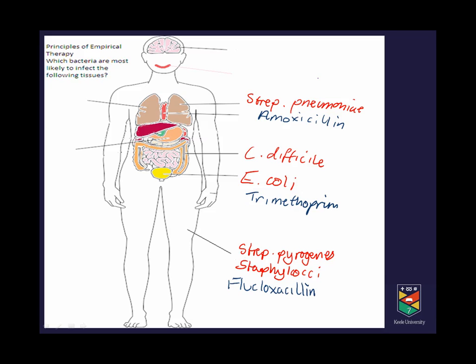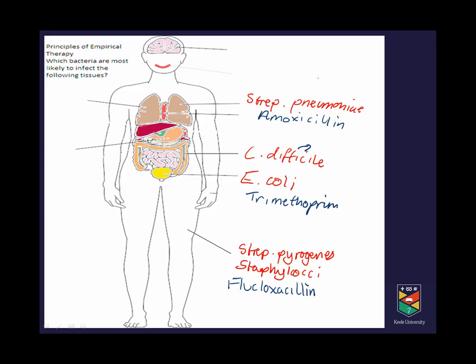Okay, and then the nasty one is Clostridium difficile. The overgrowth is often caused by the use of other broad spectrum antibiotics such as amoxicillin or co-amoxiclav, which is a combination of amoxicillin and clavulanic acid. Okay, so how do you treat Clostridium difficile?